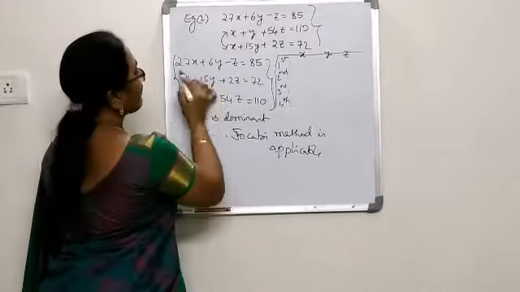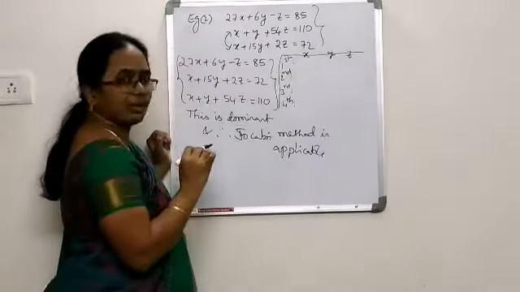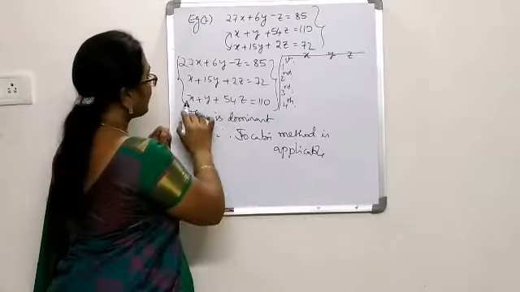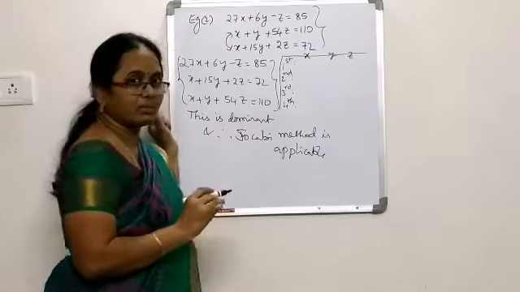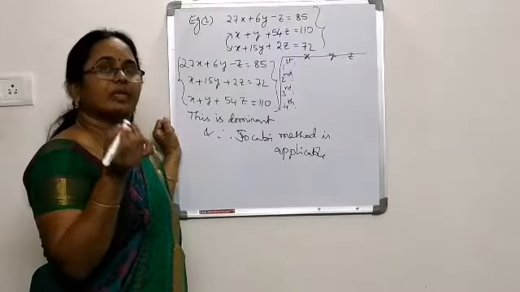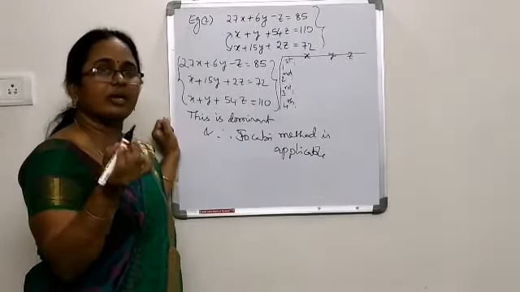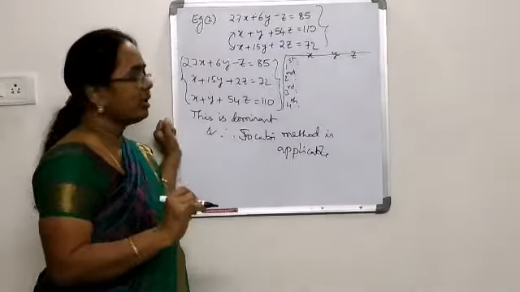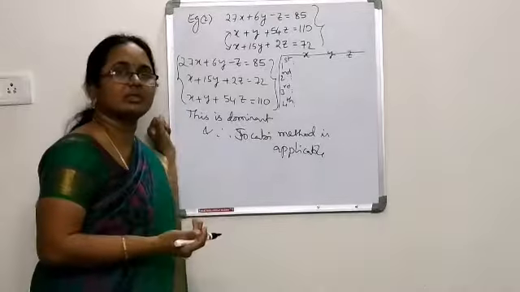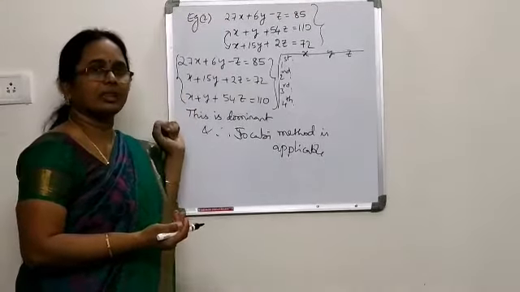Now in the first equation, the first diagonal is maximum. In the second equation, the second diagonal is maximum. In the third equation, the third diagonal is maximum. We are saying that each of the diagonals is maximum in the sense of their absolute values, right? So now the system is clearly dominant, and the Jacobi method is applicable for getting the solution.